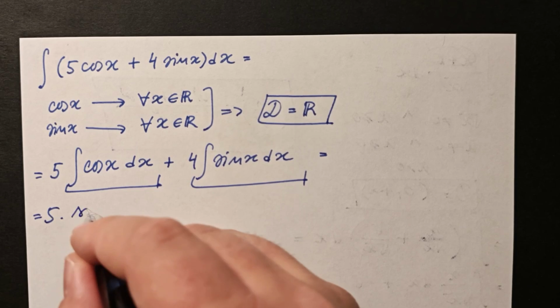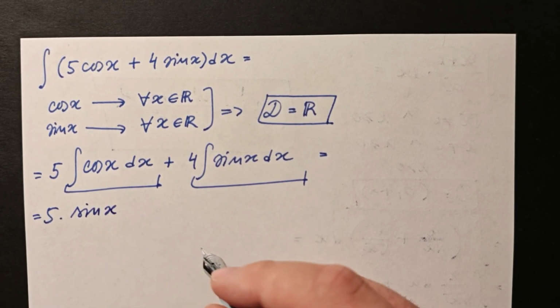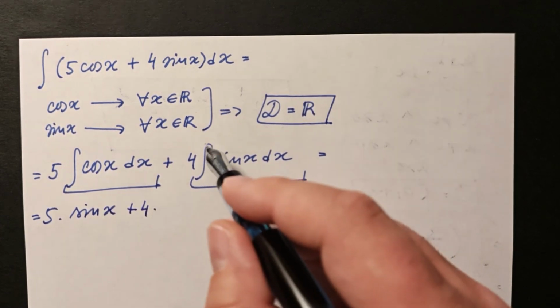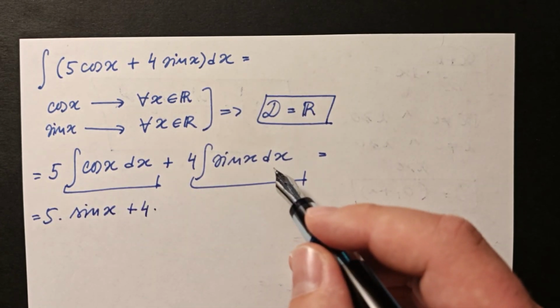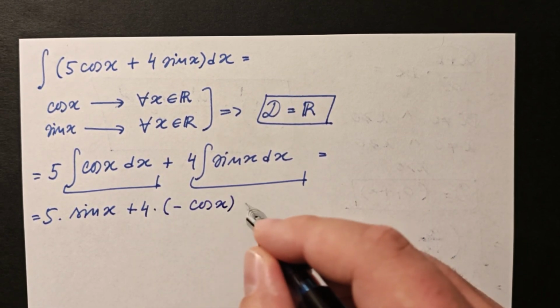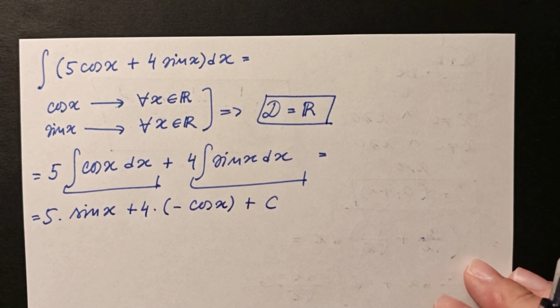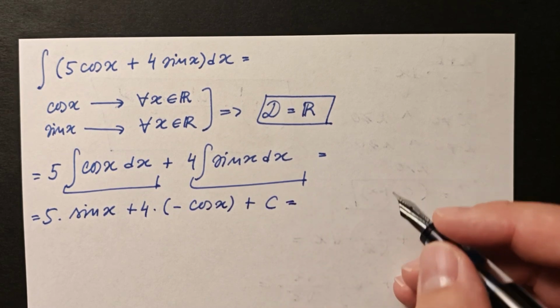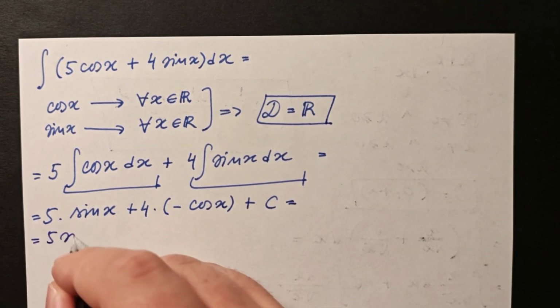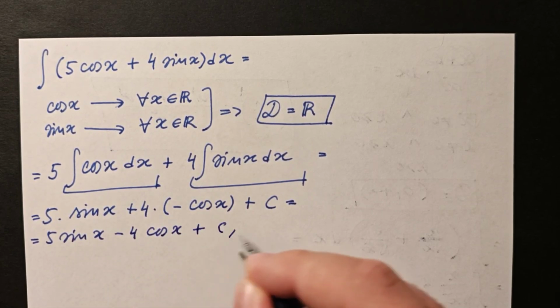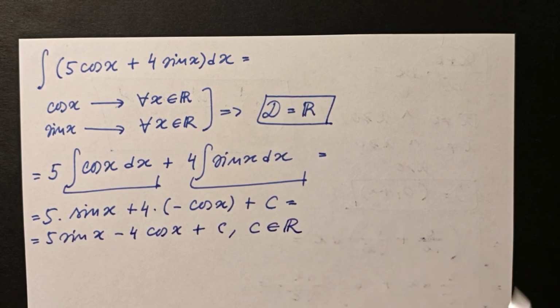In the table, you will see that that is the sine of x. And then we have plus 4 multiplied by the integral of sine x dx, and in the table, you will see that that is the negative cosine of x. And at the end of the integration, we put this plus c for that famous real constant. So this is 5 sine of x minus 4 cosine of x plus c, where c is a real number.